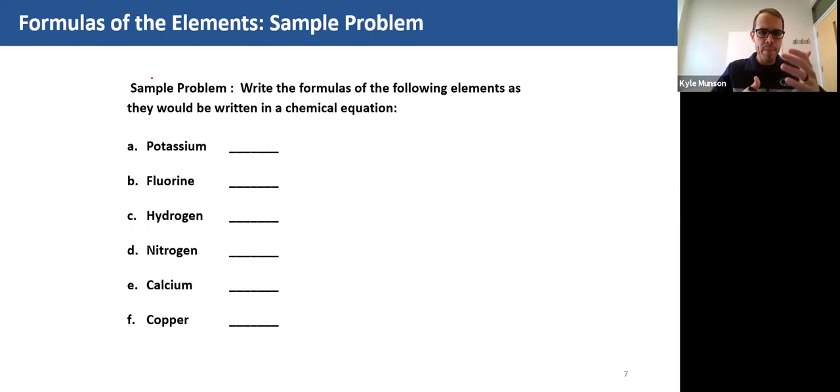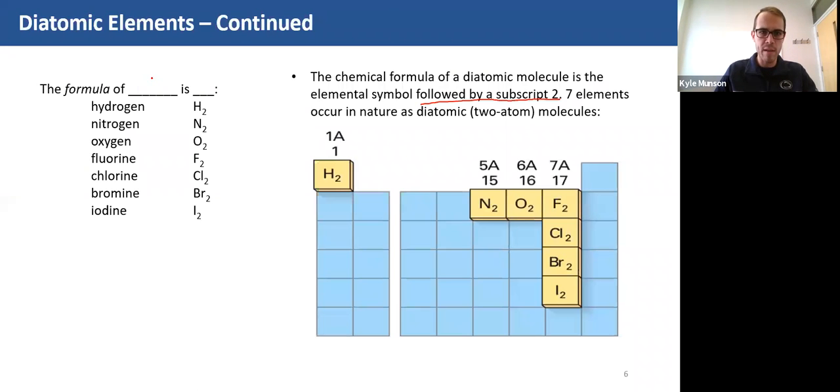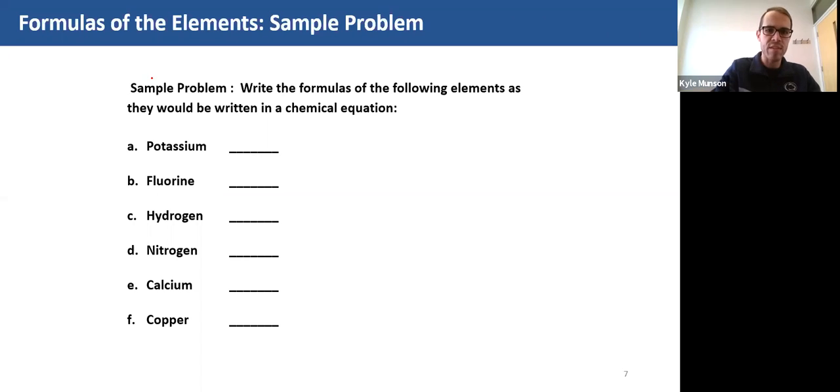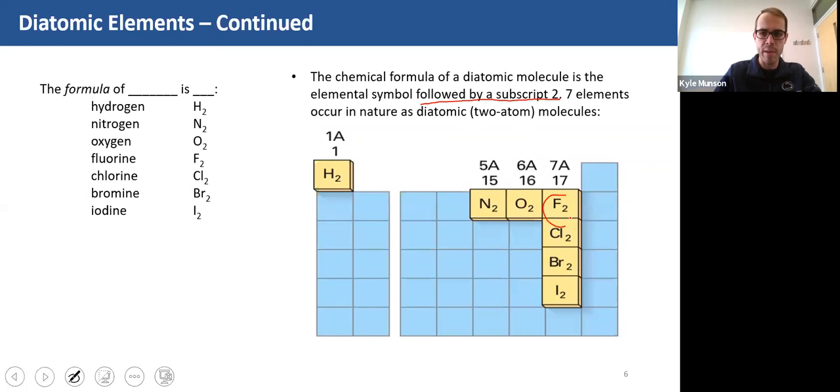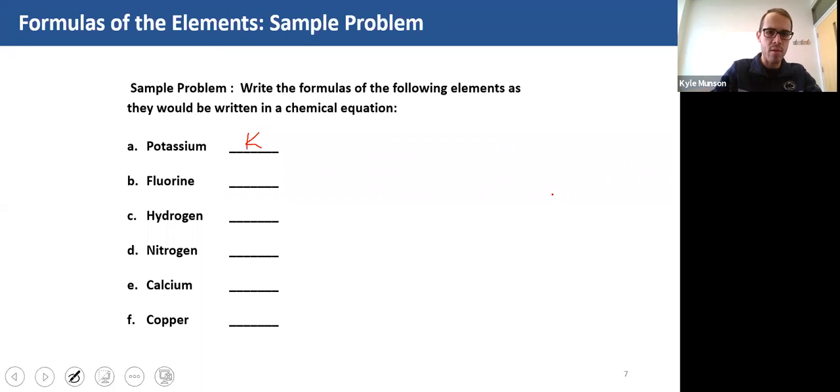Okay, so for elements, let's go through it. Potassium, that's not one of the diatomic elements. So this is just its elemental symbol, which is K. Fluorine is one of these diatomic elements, so its formula is F2. Hydrogen also is, so it's going to be H2.